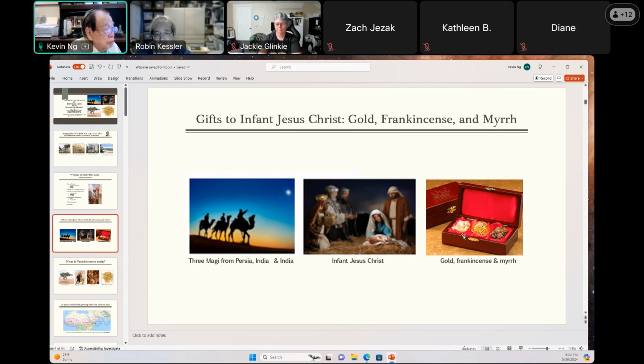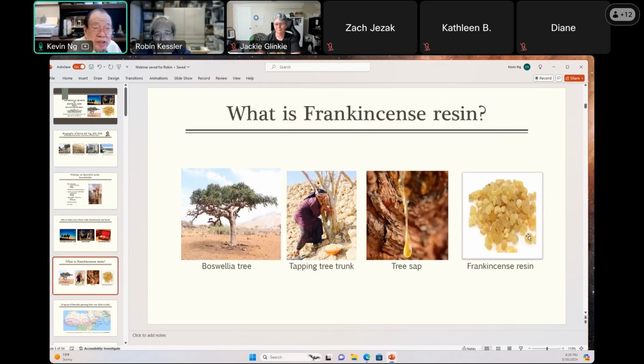Now let's talk about the frankincense. Now, frankincense is a resin or gum derived from tapping the sap from a tree called Boswellia tree. When you cut the bark off, this sap will flow out, and then it solidifies into a resin.